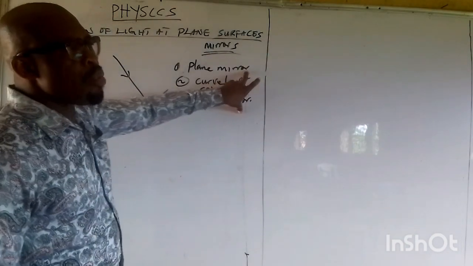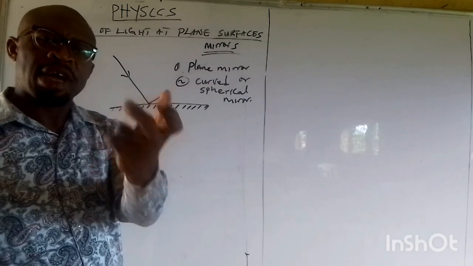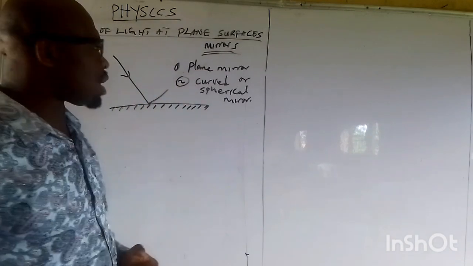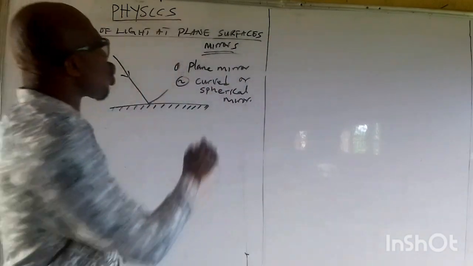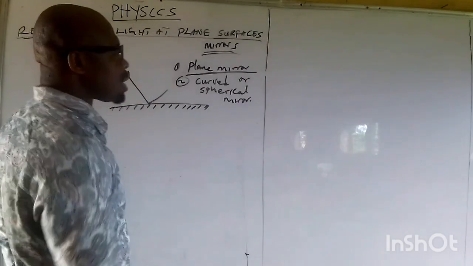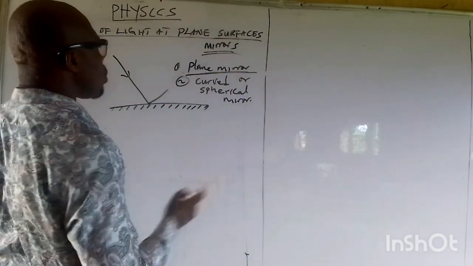These spherical mirrors are divided into two: the concave mirrors and the convex mirrors. But for this lesson, we're going to concentrate only on the plane mirrors. In our next video, we'll look at spherical or curved mirrors.